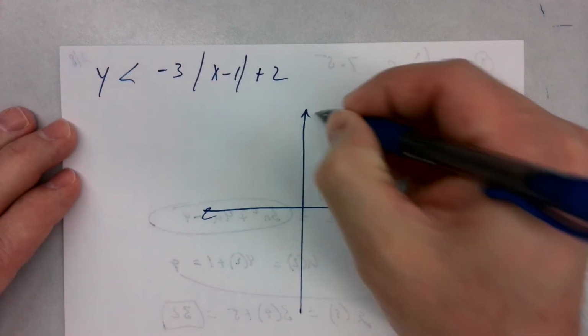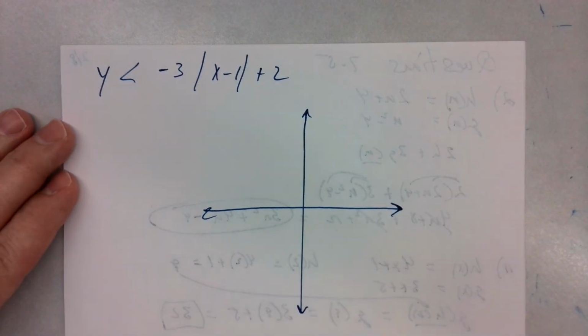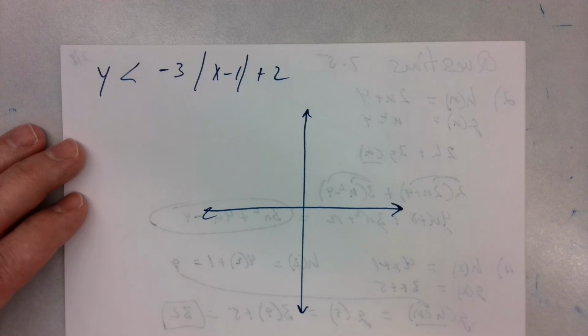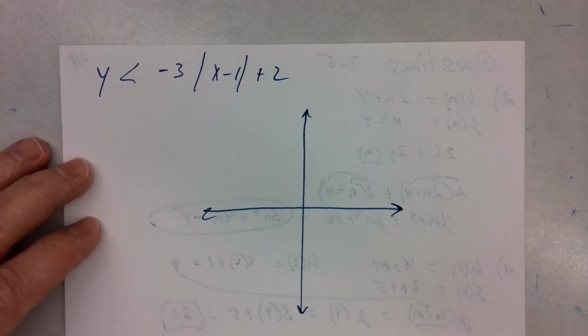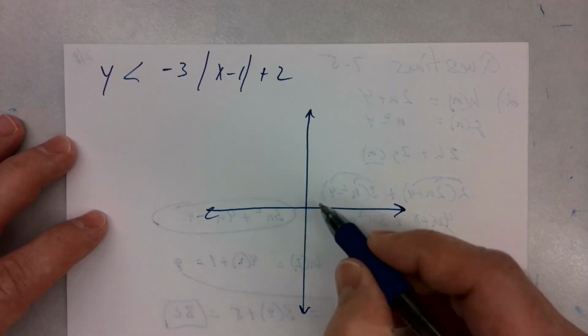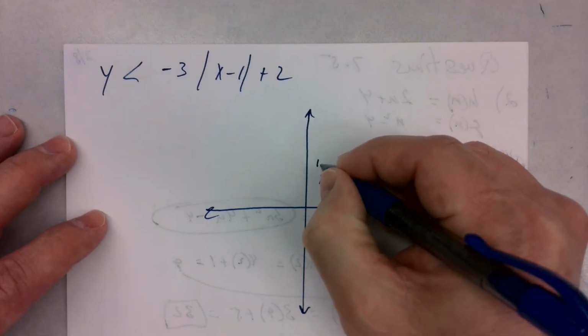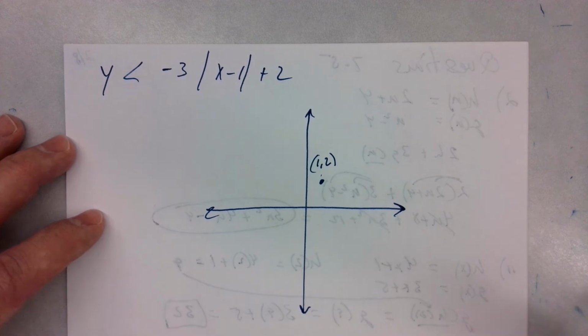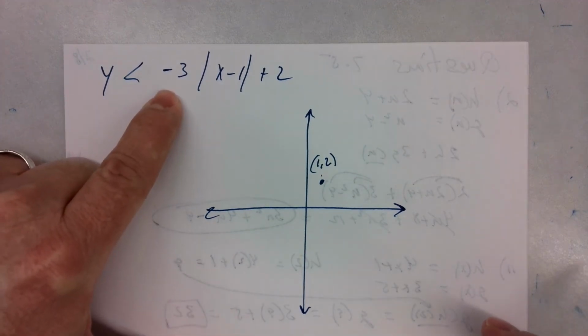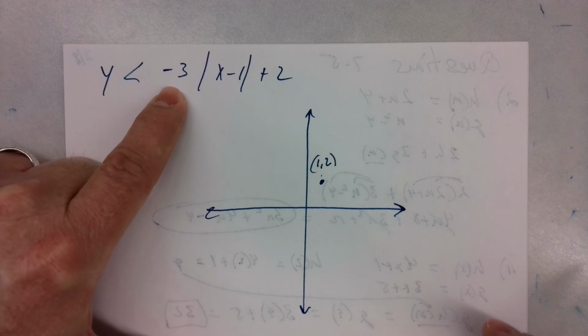Okay? So, what do I got to find? Basically that vertex, right? And where's my vertex going to be? It's going to be right 1 and up 2, and I'm going to go 1, comma 2, and I'm going to label it above it because this V is going where? Down. Now that negative 3 basically gives me my what? Slope, right?